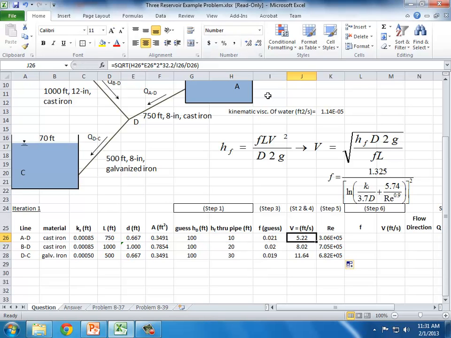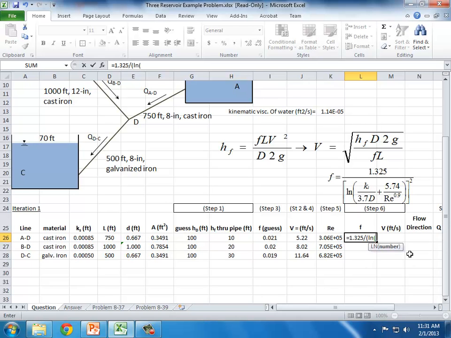Okay, so now if we know the Reynolds number, we're going to calculate F, this time using the Swamee-Jain equation. So 1.325 divided by ln of K sub S divided by 3.7 divided by D plus 5.74 divided by Reynolds number K26.